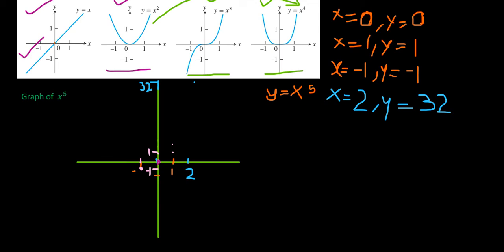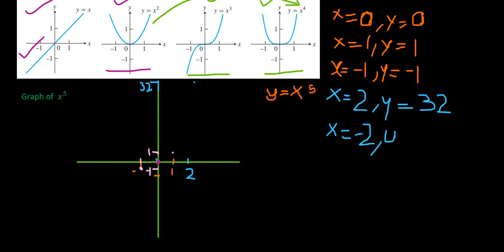So now you can see that this will be a graph of this kind. We will use one more ordered pair to see the direction of the graph.